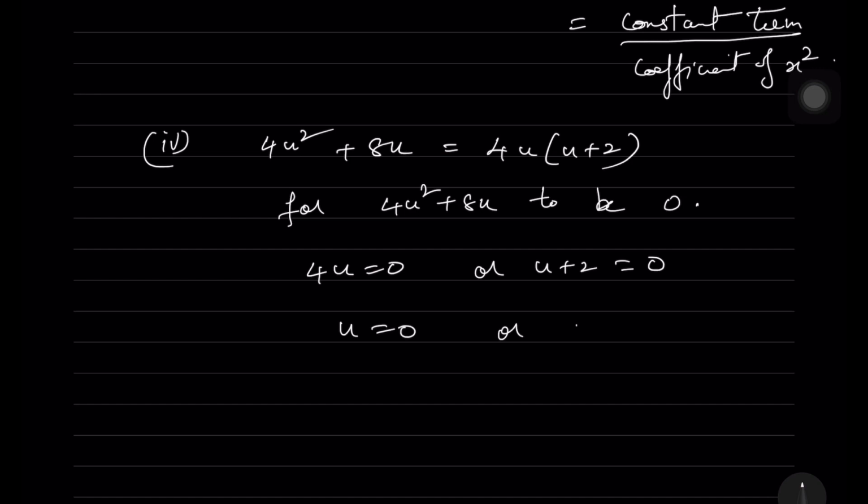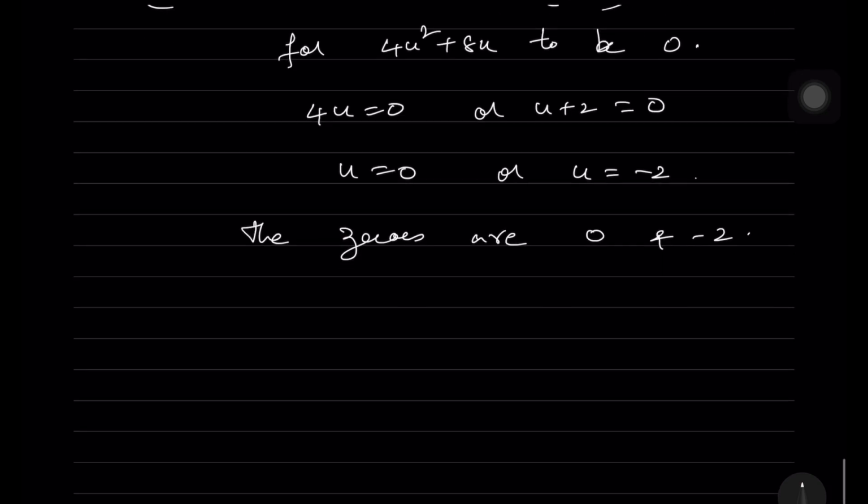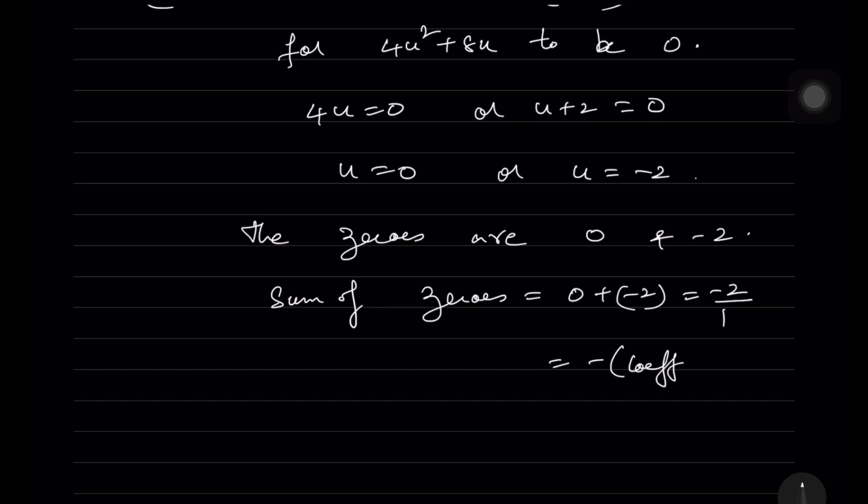4u square plus 8u. So for this term to be equal to 0, you have 4u equal to 0, or u plus 2 equal to 0. So the two zeros are 0 and minus 2. Sum of the zeros is minus 2 by 1, which is minus coefficient of x divided by coefficient of x square.